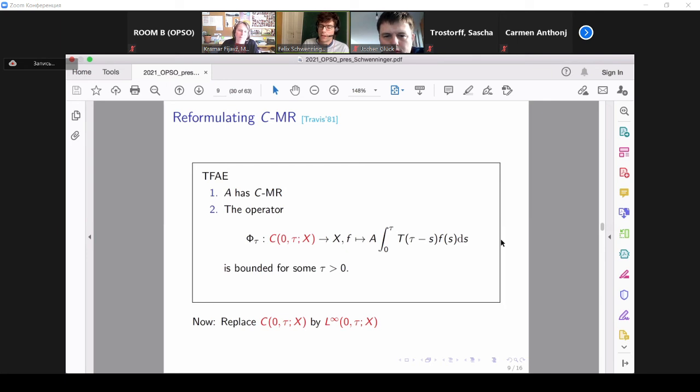So for every fixed tau, this norm has a certain value, and as soon as it exists for one tau, it exists for all of them. But it's not a priori clear, and it's not true in general even, that this phi tau in the operator norm goes to 0 as tau goes to 0. It's a stronger assumption, actually. And in fact, a counterexample, where something is not 0-class admissible, is this Kato example. There you don't have this.